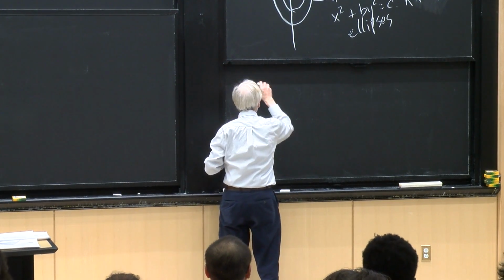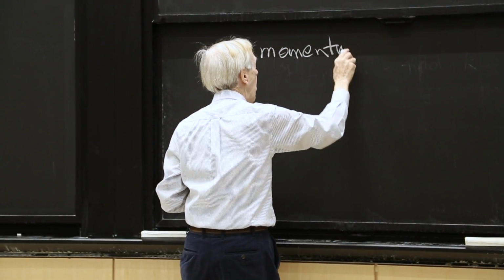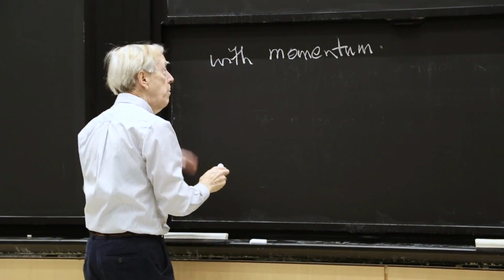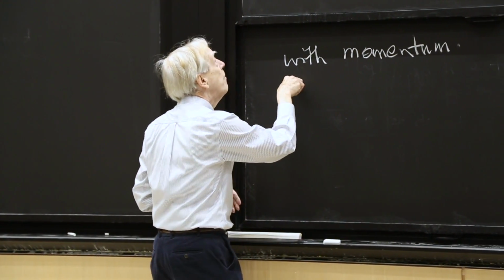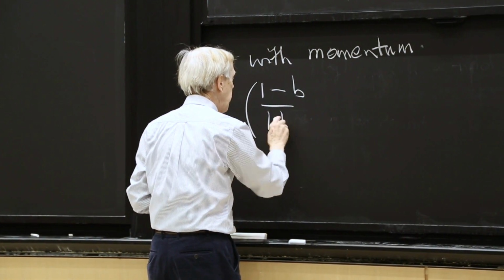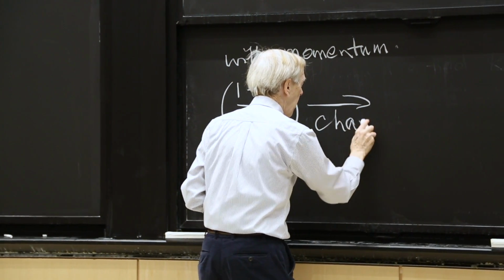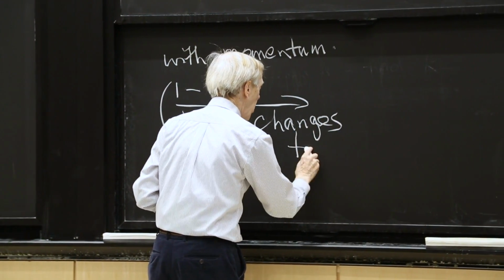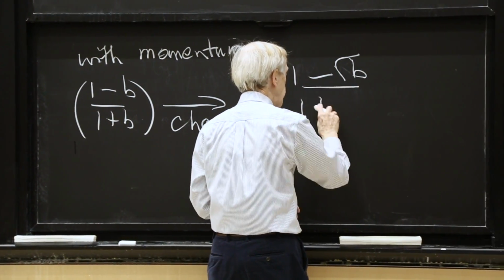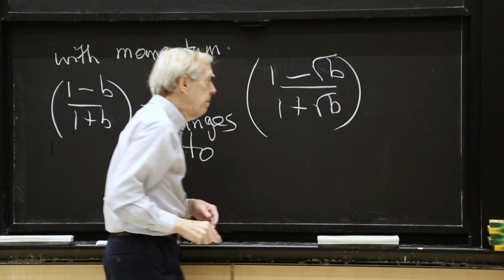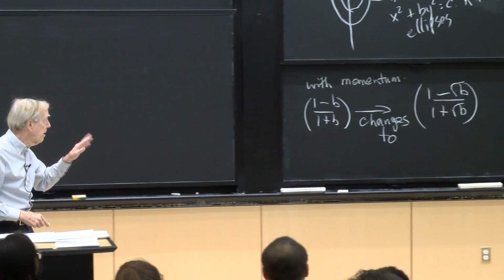So with momentum, and we have to see what that means, this term of 1 minus b over 1 plus b changes to 1 minus square root of b over 1 plus square root of b. I mentioned that before, but I don't think I wrote it down clearly.